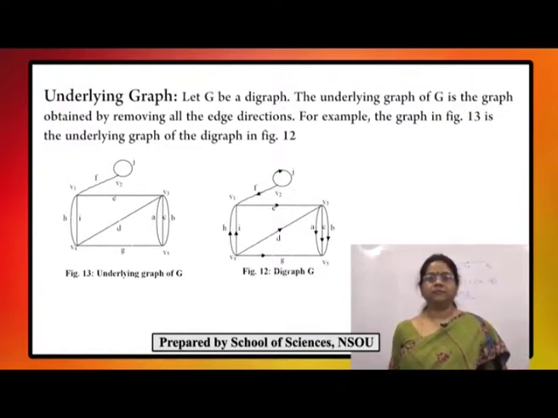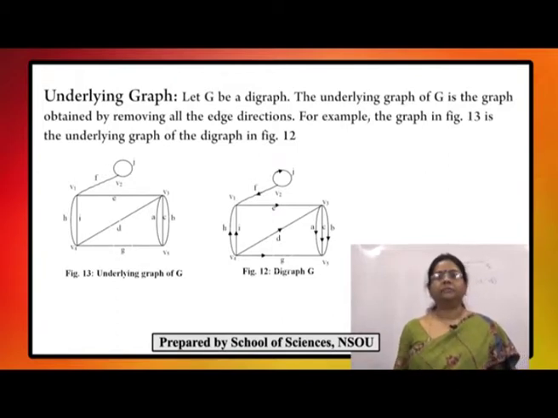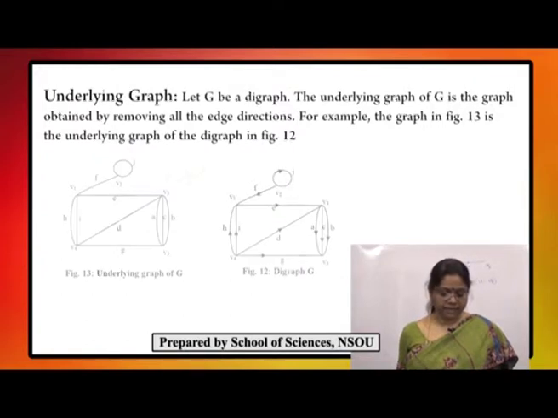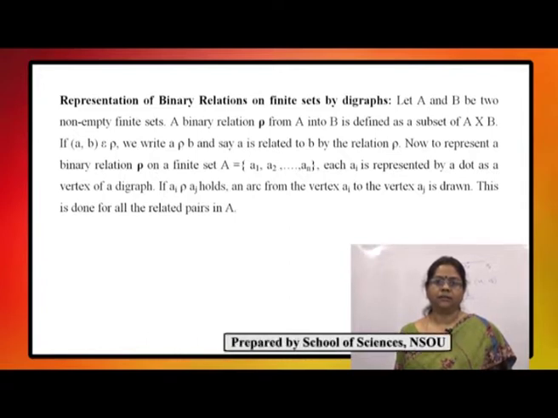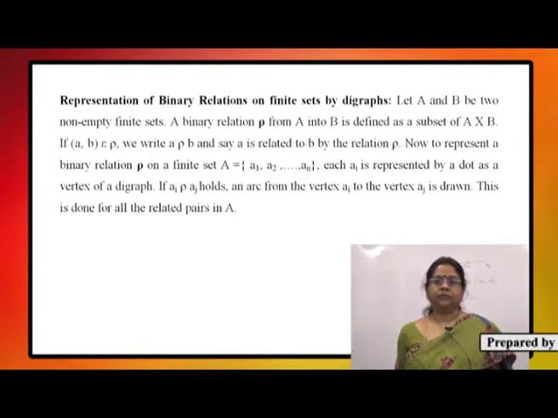Now this digraph is used in many subjects, many topics to represent the things with more clarity. We will discuss here one of such representations. We all know what is a binary relation.